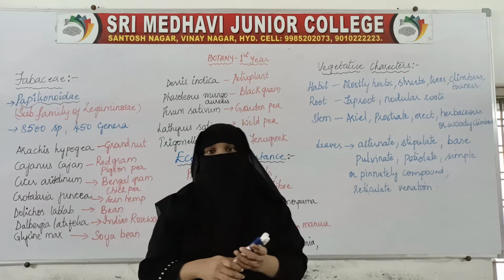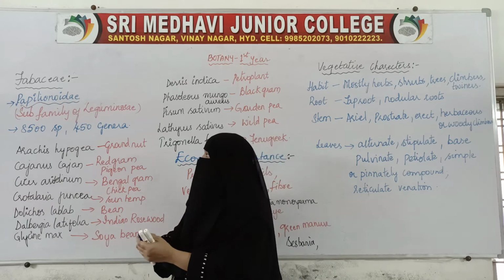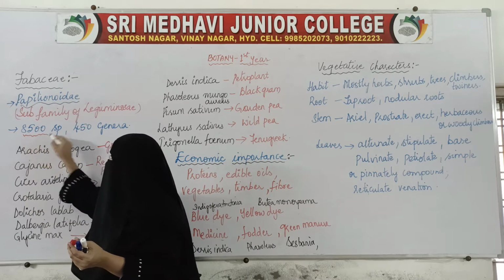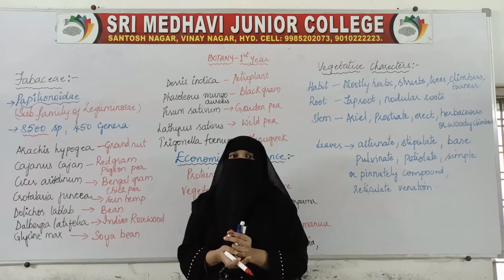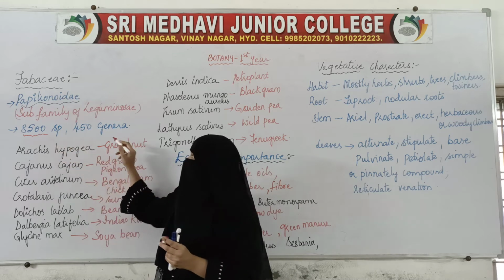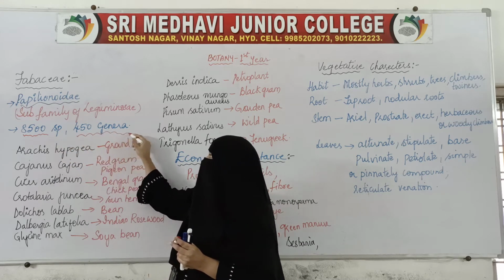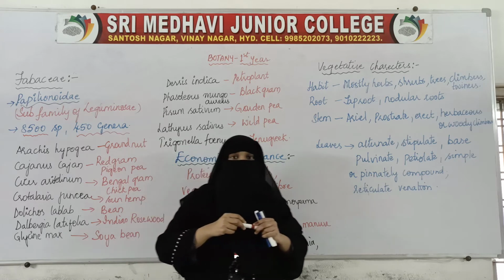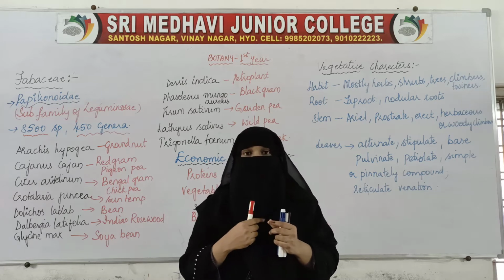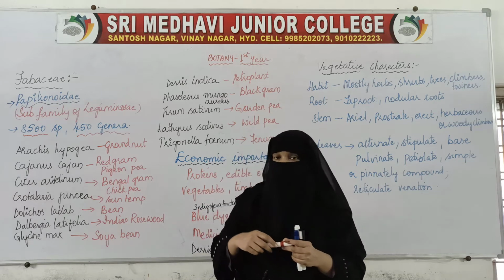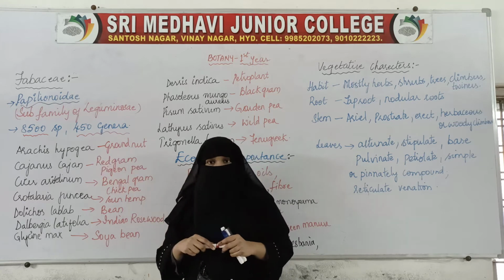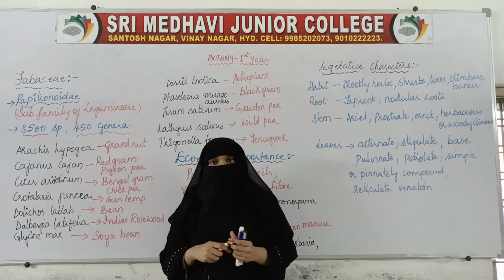In this Fabaceae family, we have approximately 8,500 species and 450 genera. This is one big family which consists of many different species.